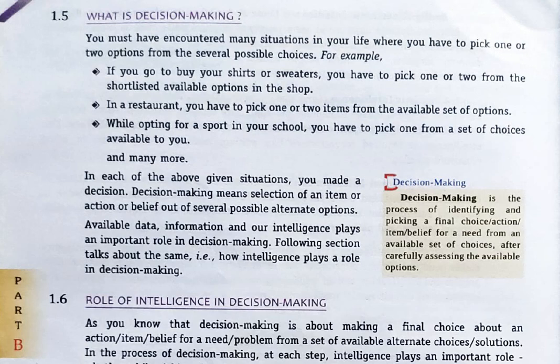Okay, whenever the military starts an operation, they discuss various types of possibilities that they can plan. And after discussing all of them, they pick the final action. Okay. So in decision making, first you have to analyze all the given options, applying your intelligence, and then you pick the final action.